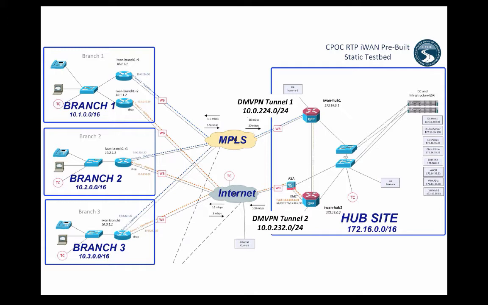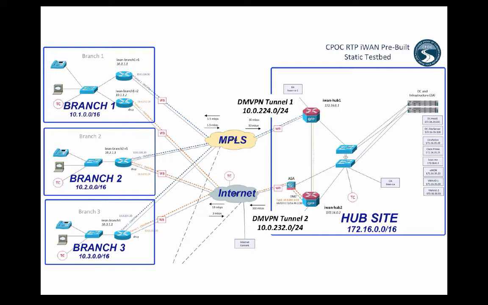Then the router below that, connected to the internet, is my DMVPN internet hub, which is Tunnel 2 on that ASR 1002, with 10.0.232.0/24 for the mGRE subnet for everyone connected to that DMVPN tunnel, and .1 again for my IWAN hub.